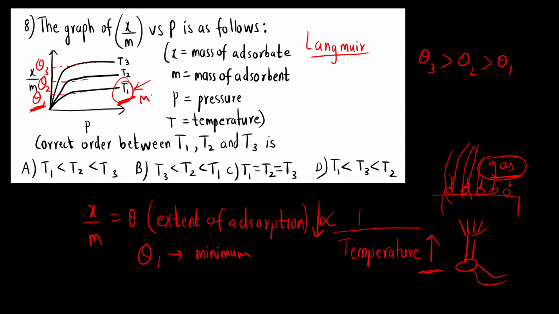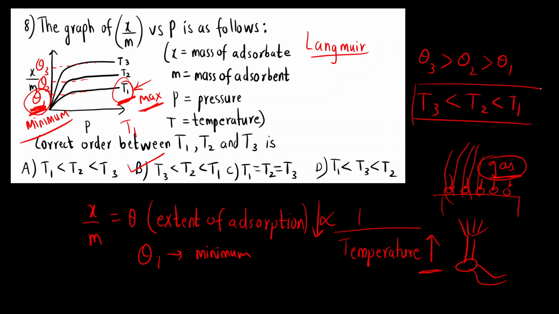This T1 is going to be maximum. So the extent of adsorption theta 1 is minimum. In which option is T1 maximum? This one. So the correct order will be T3 less than T2 less than T1. T1 is going to be the maximum.